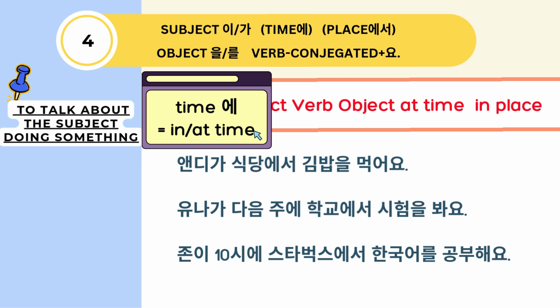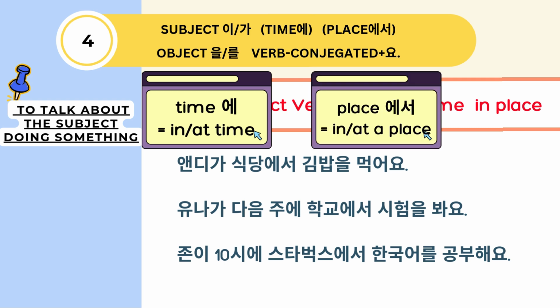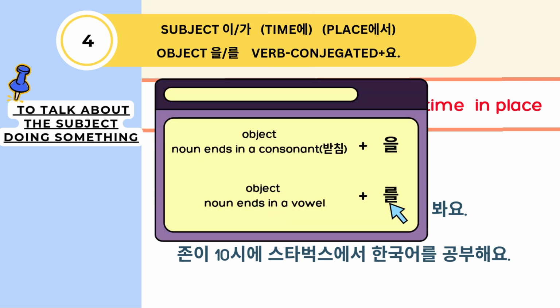Time, 에, at or in a specific time. Place, 에서, at or in a specific place where an action happens. 을 is the object marker, and it also follows the consonant rule. If the noun has a final consonant, use 을. If the noun does not have a final consonant, use 를.